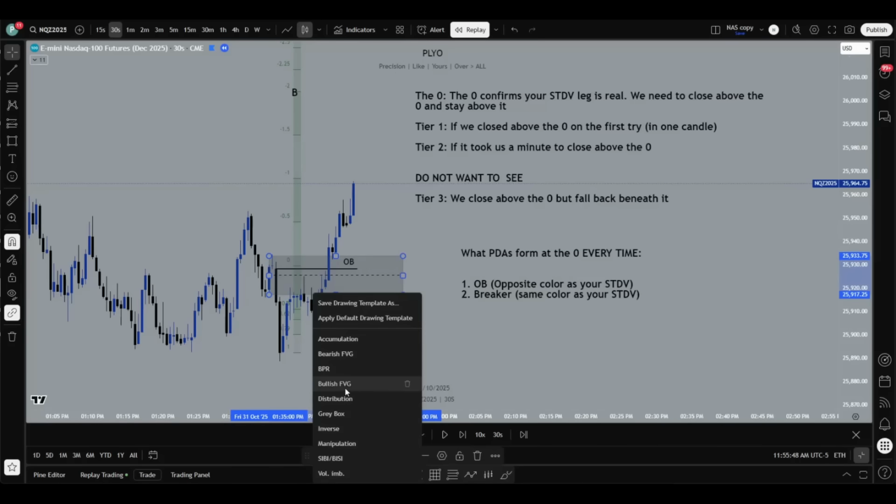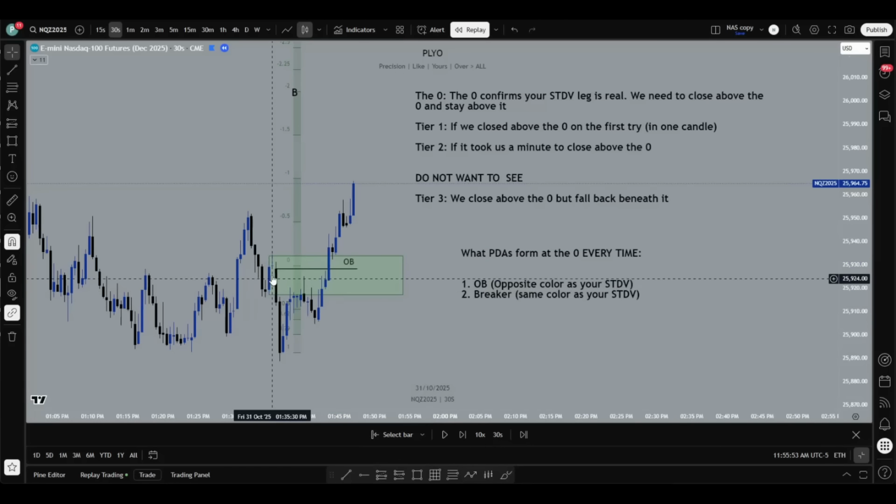We'll just make it green. These 2 bullish candles right here would be your breaker. Now, I'm not going to explain what a breaker actually is. You just have to kind of know for yourself. But all you need to know is these 2 bullish candles are going to be your breaker. The breaker is the same color as your standard deviation. The OB is the opposing color, meaning it's the bearish candle because we're looking for a bullish standard deviation.